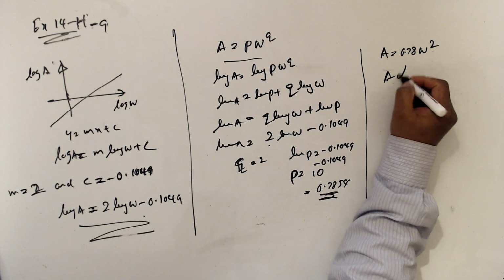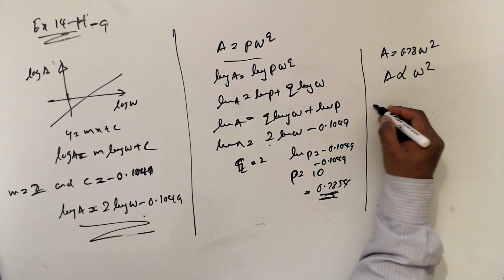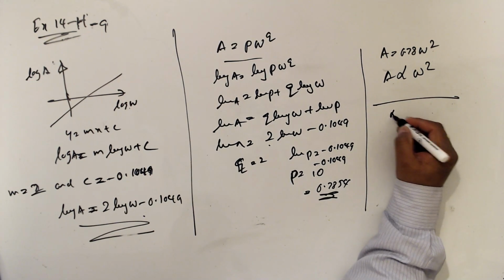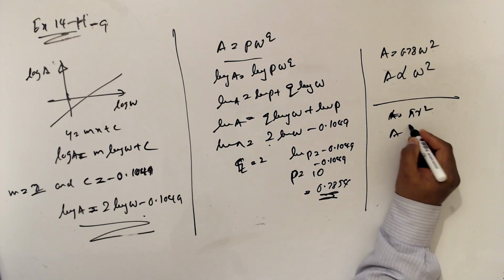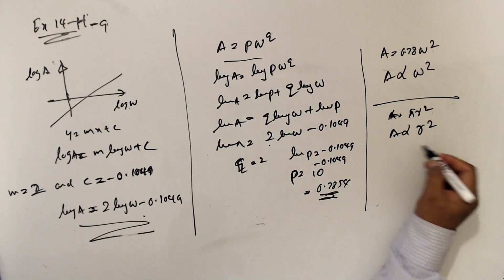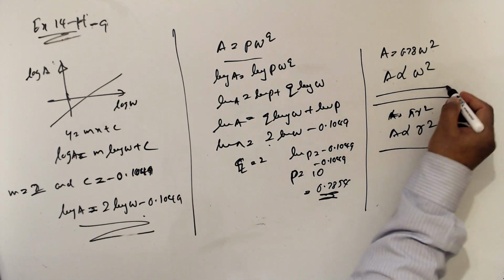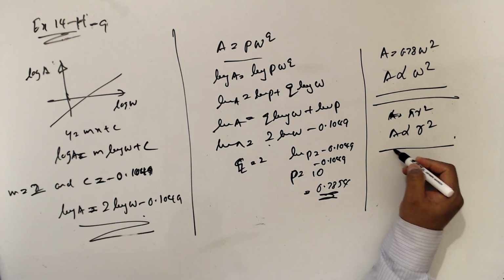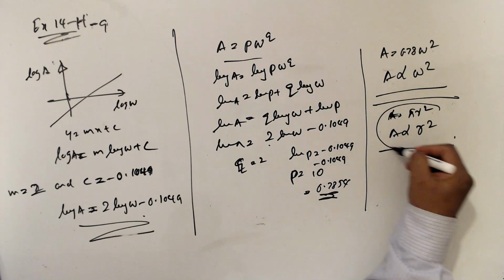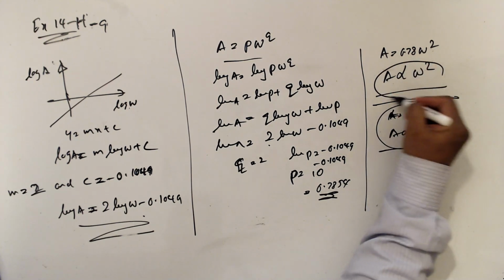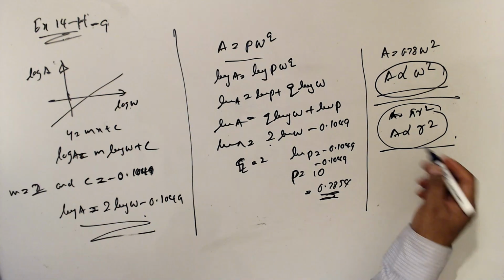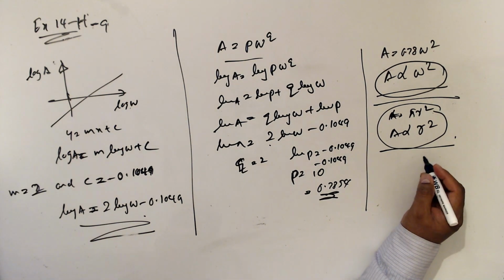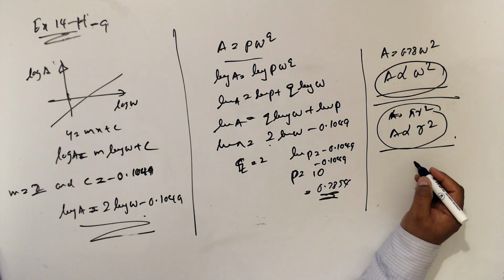It means A is proportional to W square. If you look at it, A equal pi r square, A is proportional to r square. So it's a possibility. So circles follow the same formula or same relationship. So a good guess is circle.